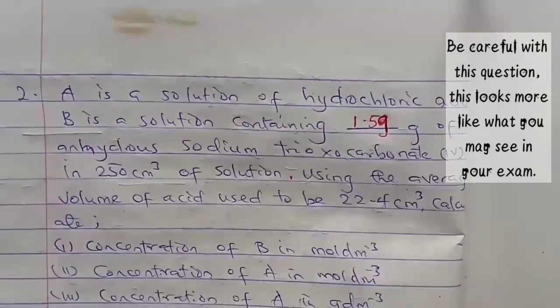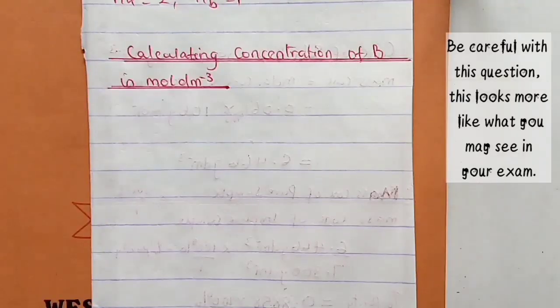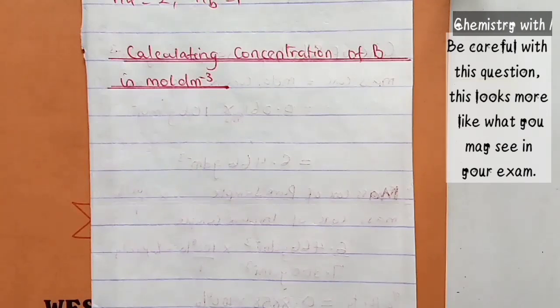Remember I said we first calculate the mass concentration of solution B in gram per dm cube before going for the concentration of B in mole per dm cube. Therefore we convert 1.59 gram in 250 centimeter cube to the mass concentration of solution B.